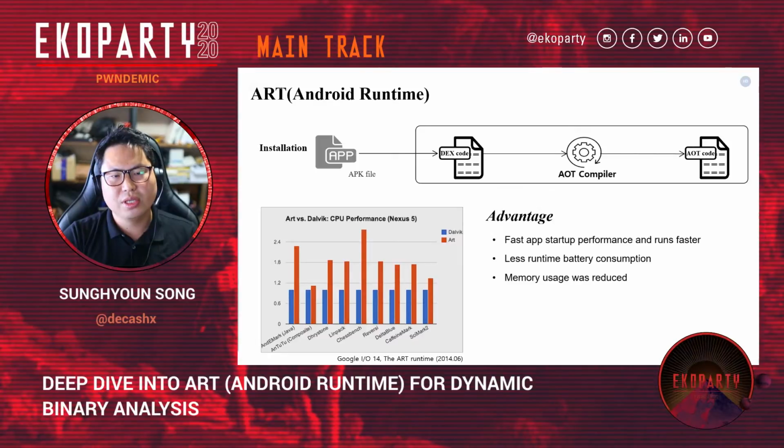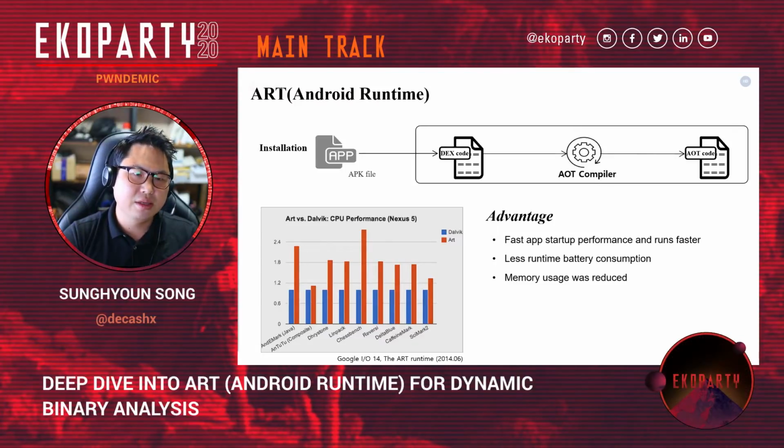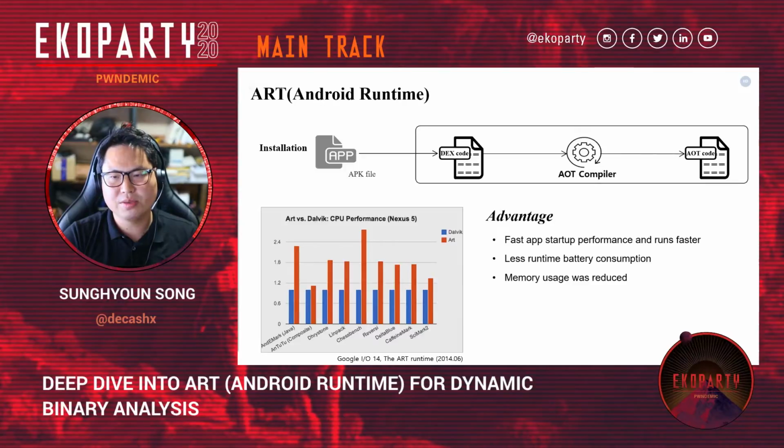Since JIT wasn't used anymore, the memory usage was also reduced because it didn't keep the code cache in memory. And with AOT compilation, the DEX2OAT compiler can perform multiple passes for optimization to achieve better performance.